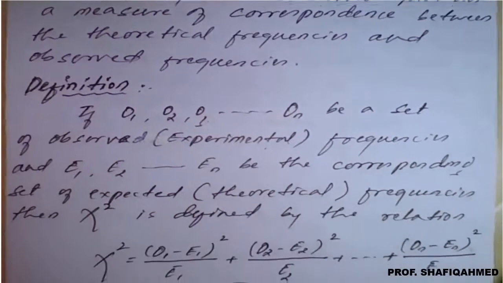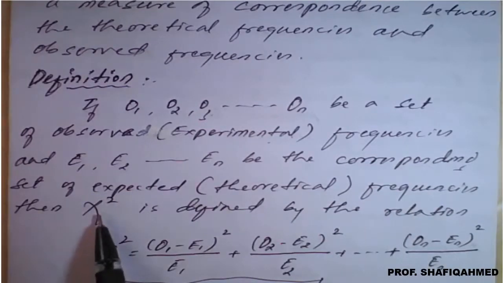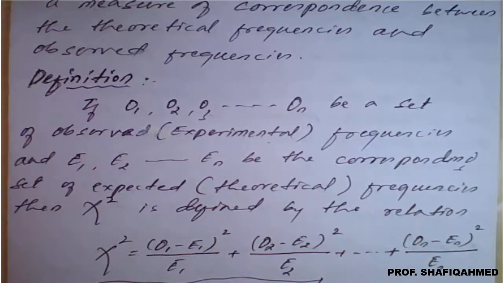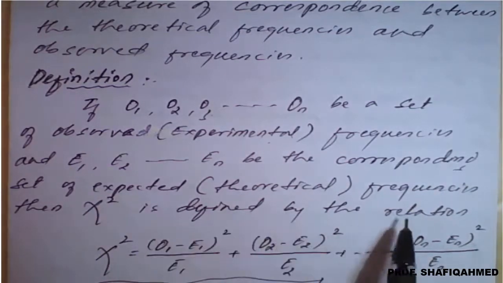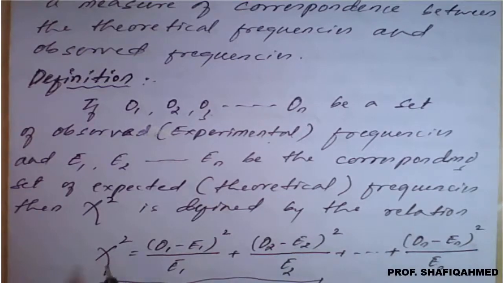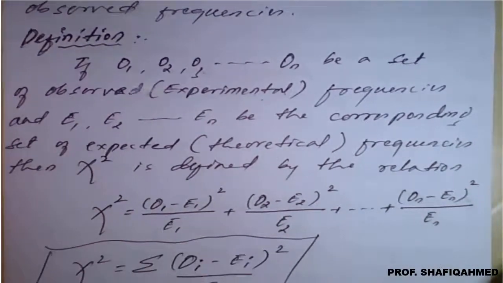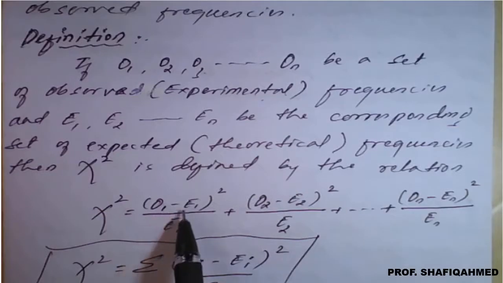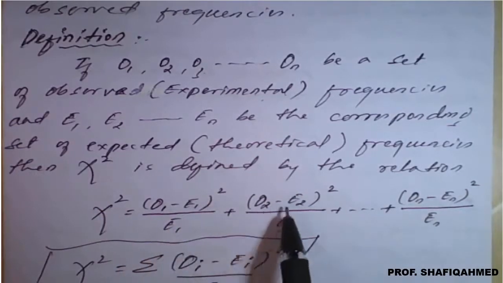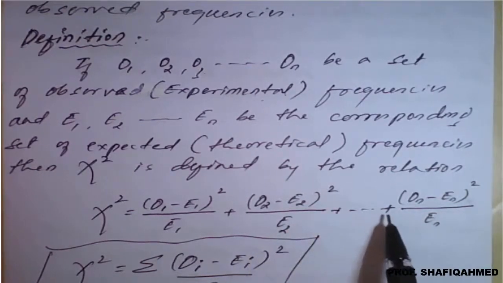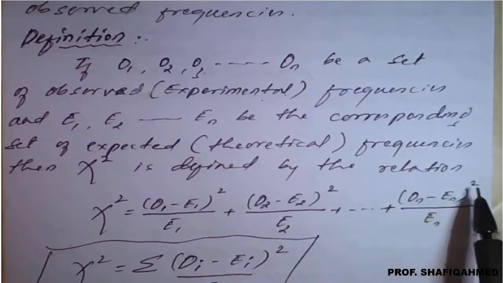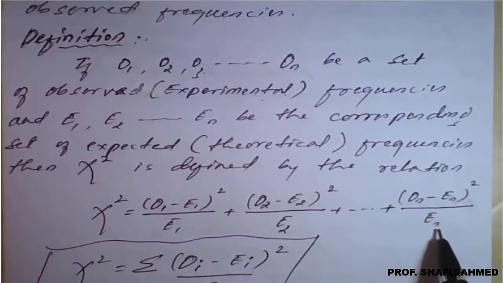Then, this is not X, this is the symbol chi-square. It is defined by the relation chi-square is equal to (O1 minus E1) whole square divided by E1, plus (O2 minus E2) whole square divided by E2, plus so on, (On minus En) whole square divided by En.